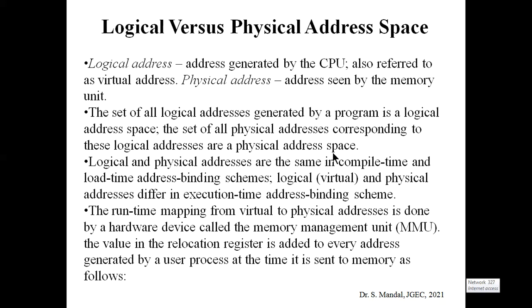So whenever we want to access the value of the matrix at first row and first column, we need to access the actual memory location of the RAM corresponding to the logical address of that matrix element. The set of all physical addresses corresponding to those logical addresses is the physical address space.